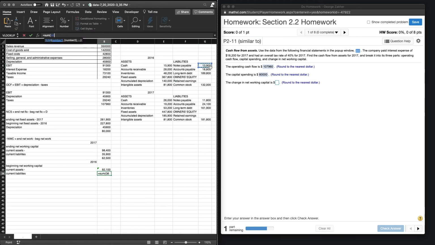Obviously we want it to be a positive number, hopefully. It's looking good. Looks like we've actually increased our net working capital. The change is simply going to be the difference between 2017 and 2016. Let's go ahead and punch that in.